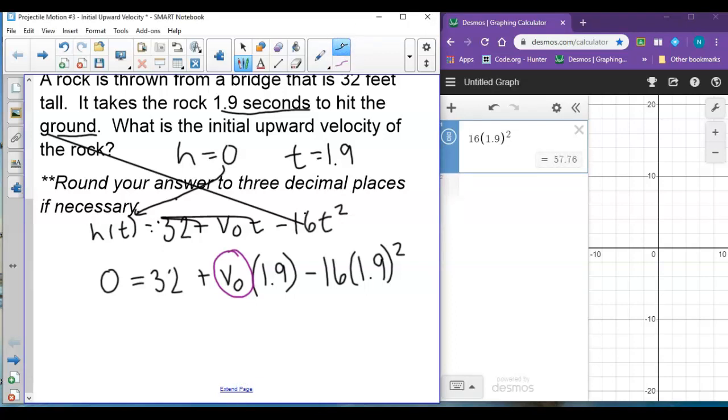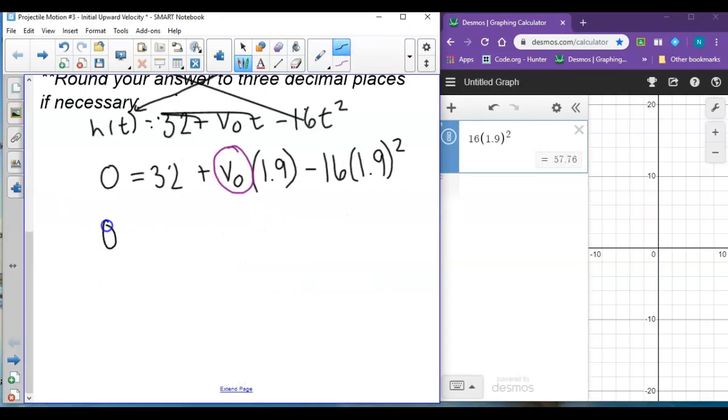That is going to give me 0 equals 32 plus, I'm going to write it this way, 1.9 times v sub 0, because we usually write the variable last, and then minus 57.76.